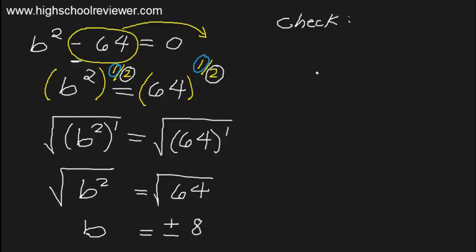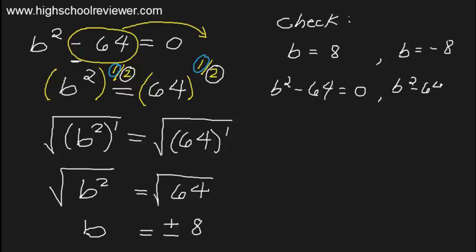So check. For b equals positive 8, and for b equals negative 8. So we have b squared minus 64 equals 0, and also b squared minus 64 equals 0. So our b here is positive 8 raised to 2 minus 64 equals 0.